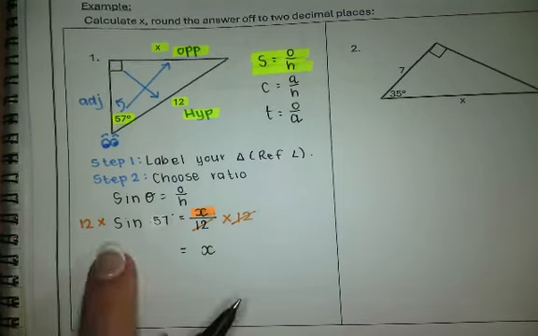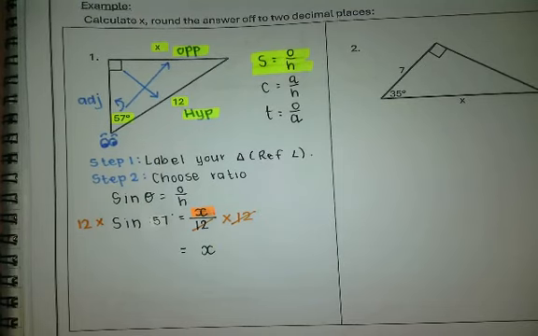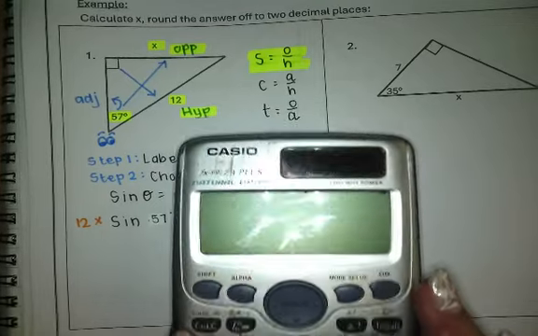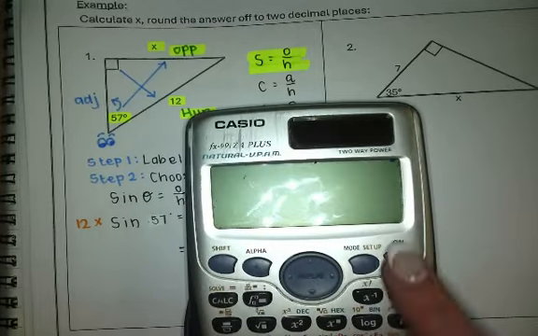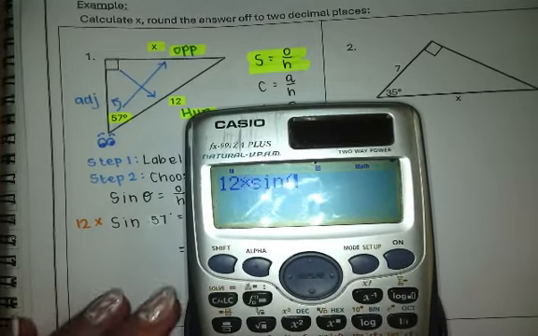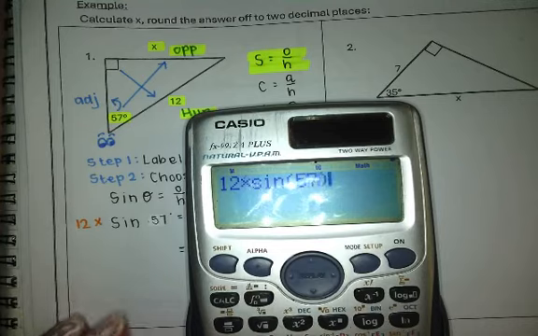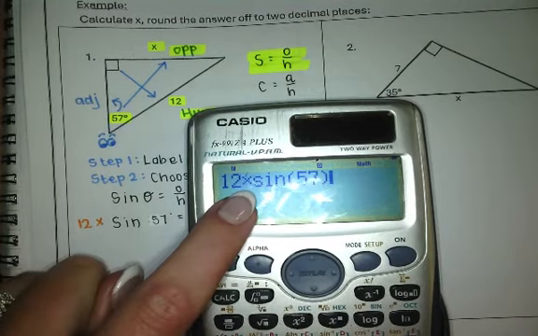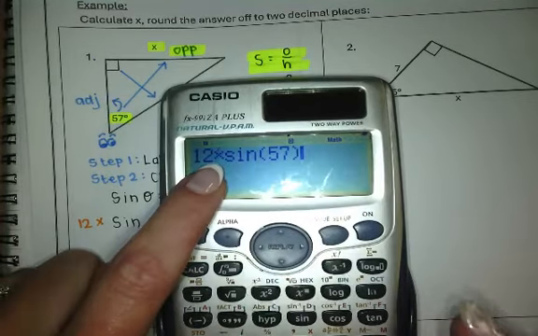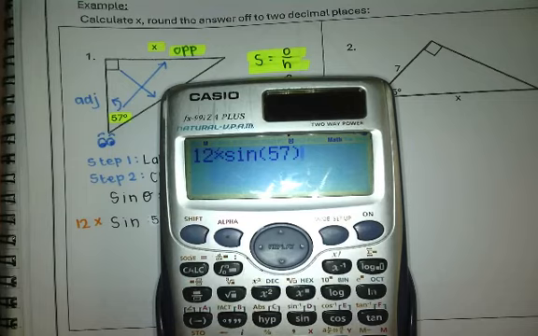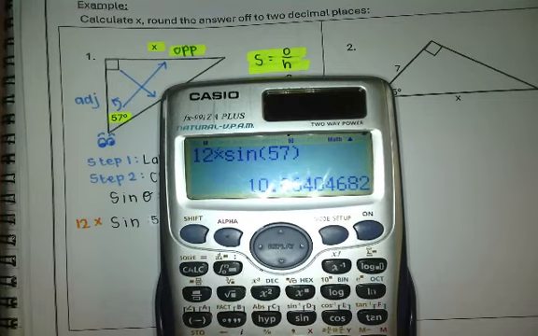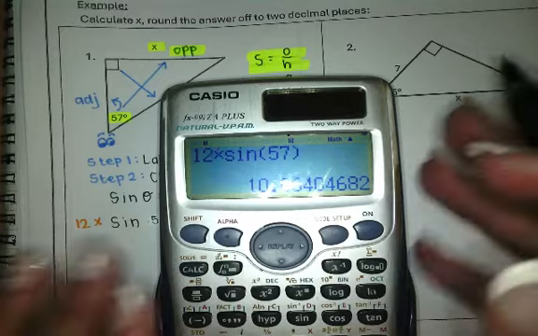In your calculator, you'll type this in exactly as is: 12 times sin 57. Did we even have to put that times there? No, because remember, if there's no operation in between, it's a times. So our final answer is going to be 10.06.